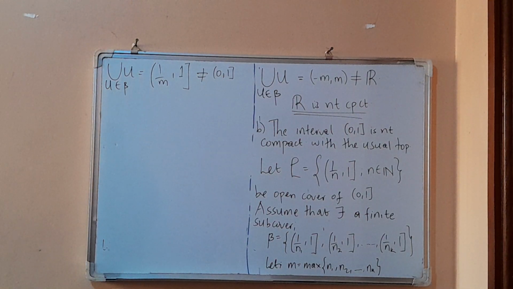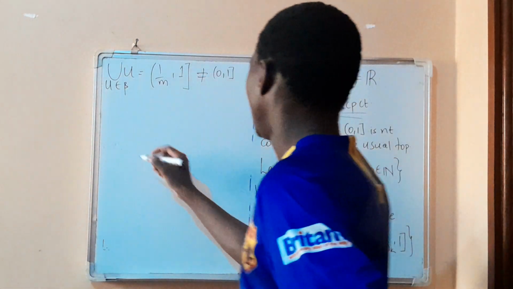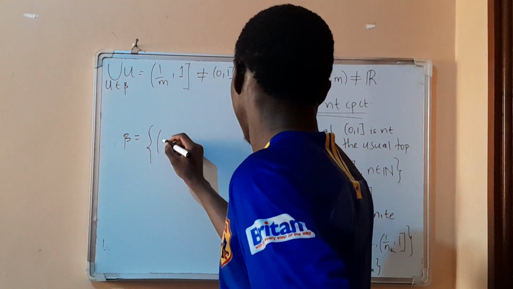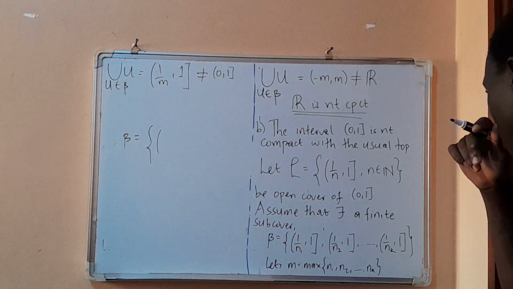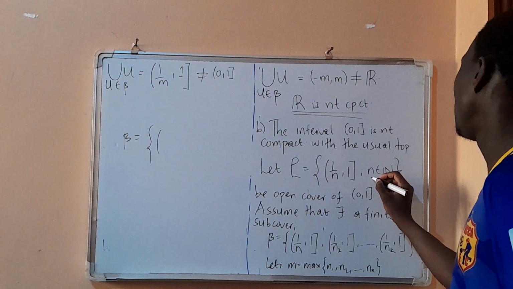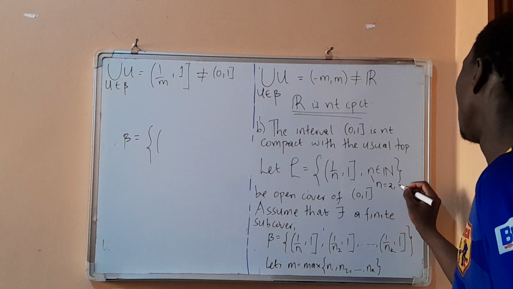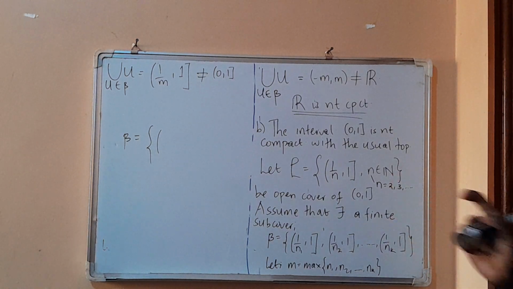You can still take an example, just as we did in the first case. Now this beta is representing sets of this form. By the way, what I need to stress is that this natural number starts from n equals 2, 3.